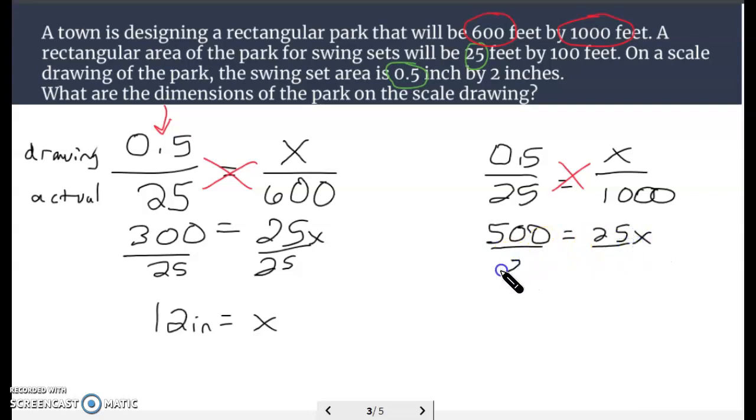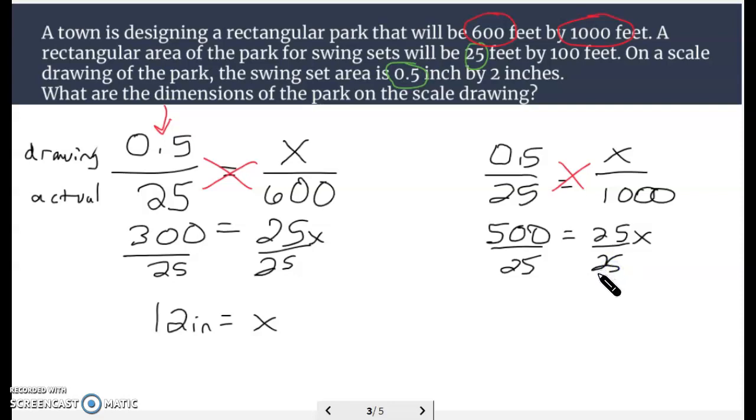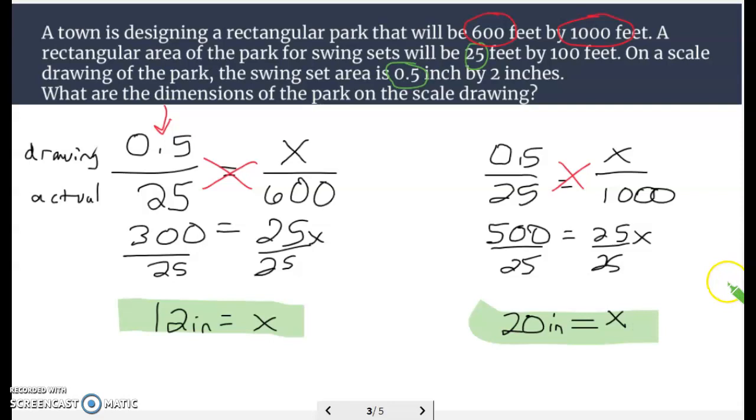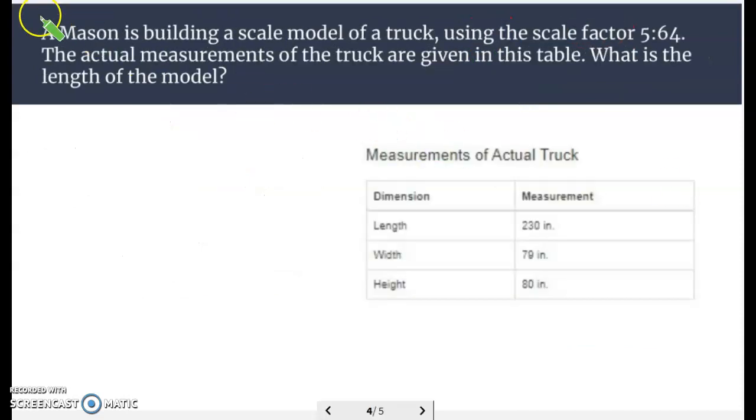We'll divide both sides by 25. 500 divided by 25 is 20. There's our missing dimension. So the dimensions of the park on the scale drawing would be 12 inches by 20 inches. So I did two sets of work there. All right, moving on.